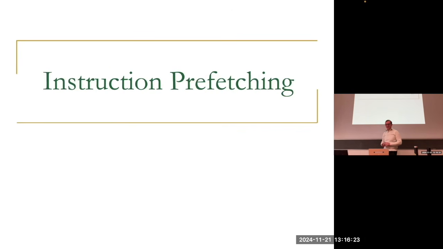We normally don't talk about instruction prefetching, but I think it's good to talk about it a little bit also because it's an important area. Maybe it has less potential, in my opinion, than data prefetching because data is very wide, right? Data sets are huge.